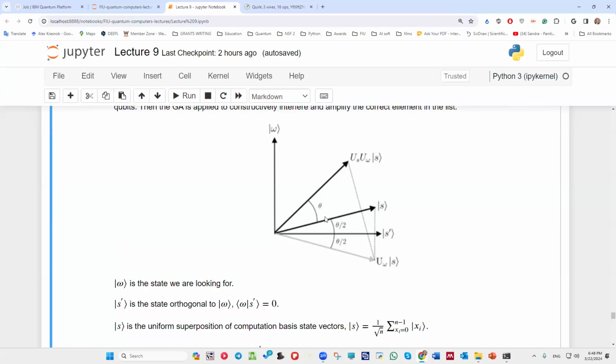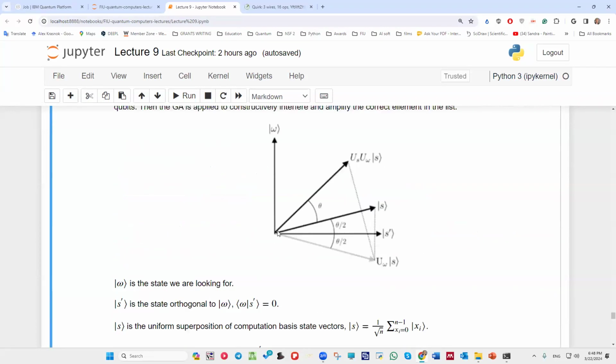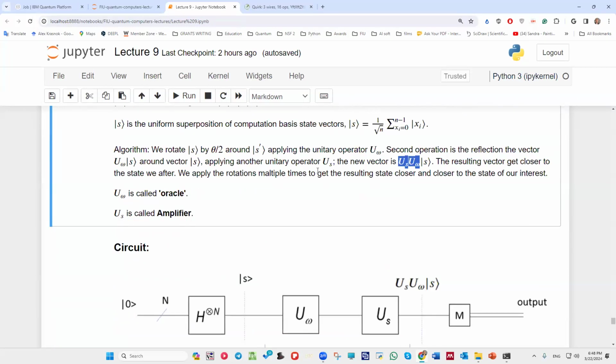If we repeat this operation US U omega, we will get another vector which will be rotated closer to omega. If we repeat it again, we will get another one which will be yet closer to the state omega. So we apply this operation US U omega a sufficient number of times to get our initial vector S close to vector omega.